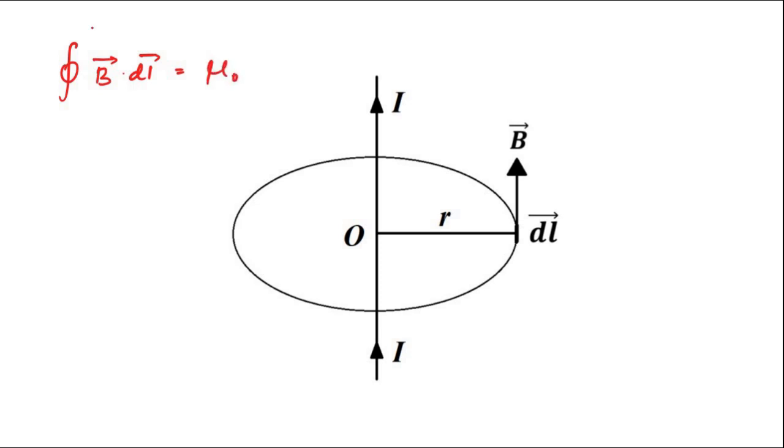Here only one current carrying element is enclosed, so this is mu 0 I. The appropriate definition would be the closed integral of B vector dot dl vector equals mu 0 times I net, the total current enclosed.